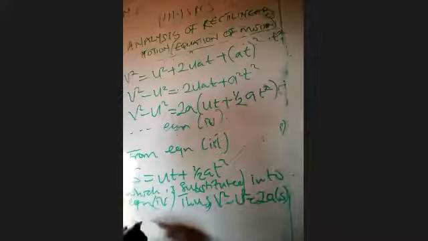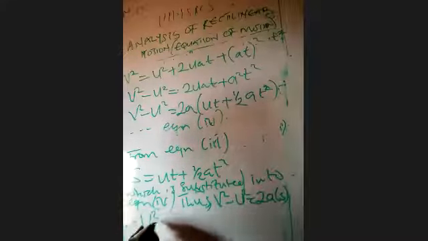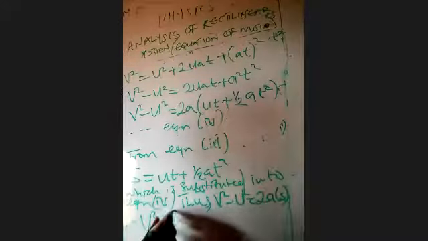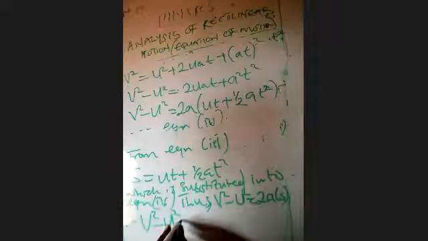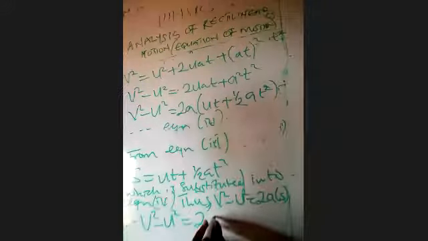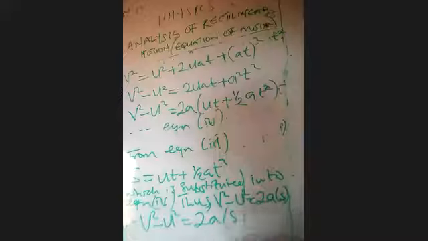Therefore, we now say that v squared minus u squared is equal to 2as.